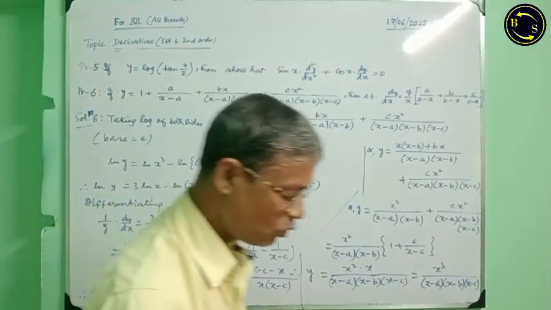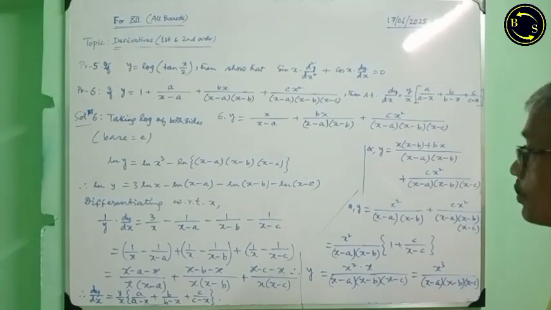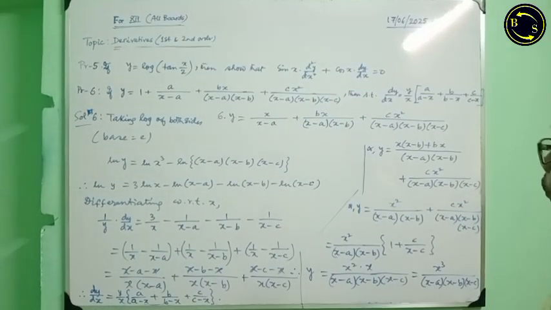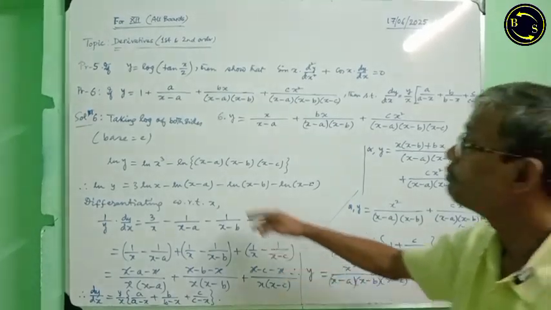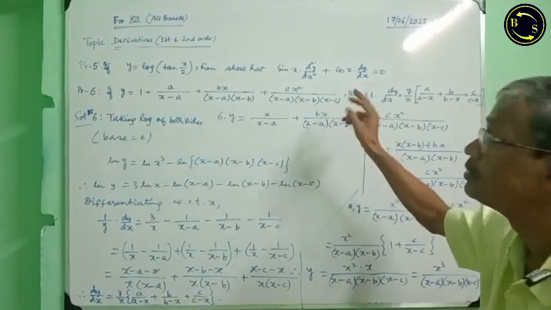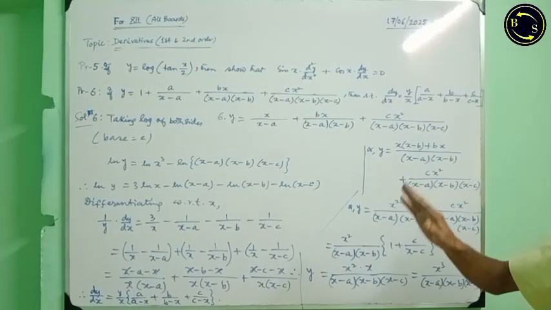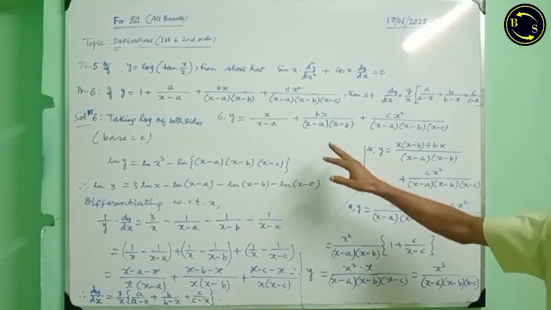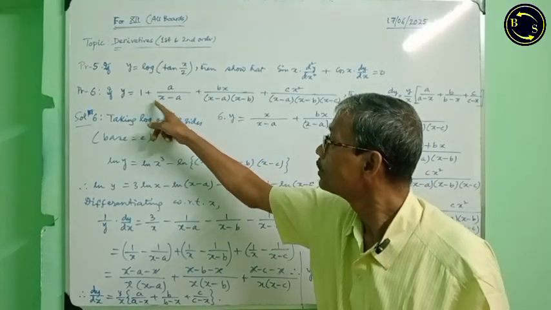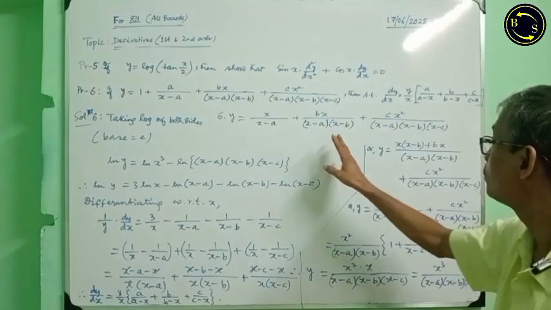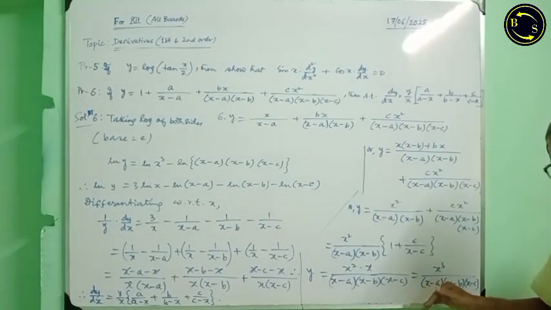For this one, you must be patient and very careful. We follow the process. First of all, we have simplified this large expression by addition of fractions, of course step by step. I have not done it at a time. First, I have simplified the first two, then the result with the third one, then with the fourth one.